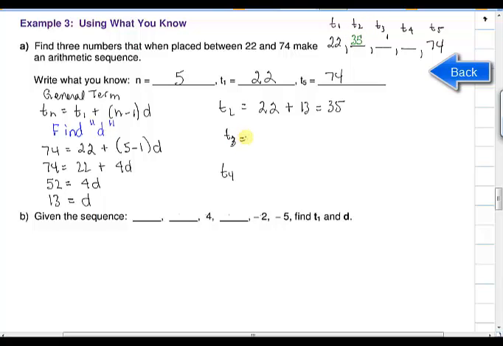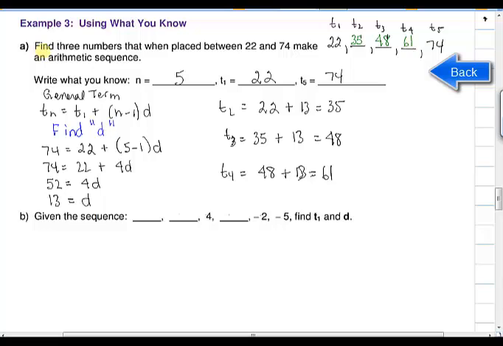To get T3, you want to take T2, which is 35, and add 13 to that. And 35 plus 13 is 48. And so we know that T3 is 48. And to get T4, we want to take T3, which is 48, add 13 to that, and we get 61. So we can see that T4 is 61.